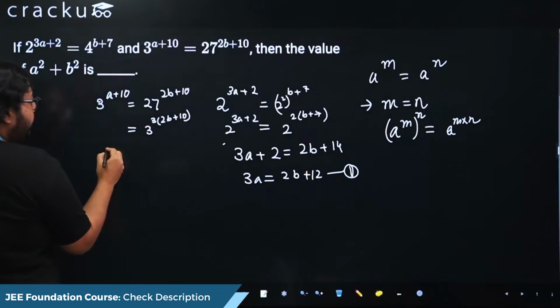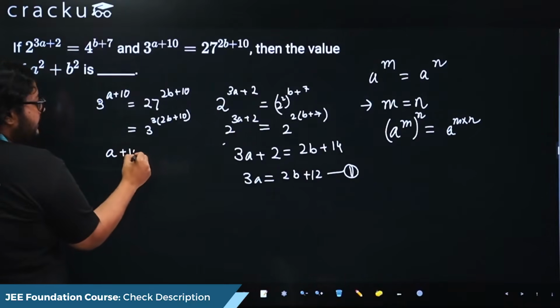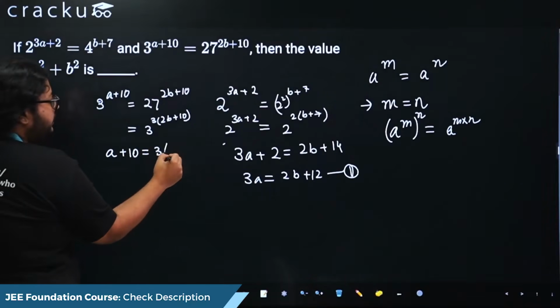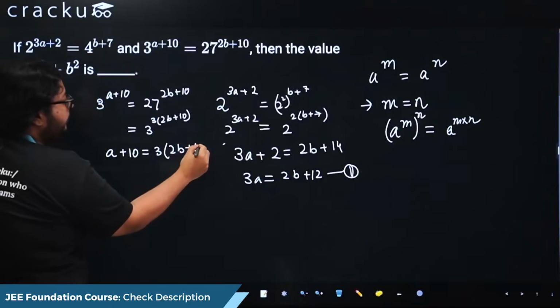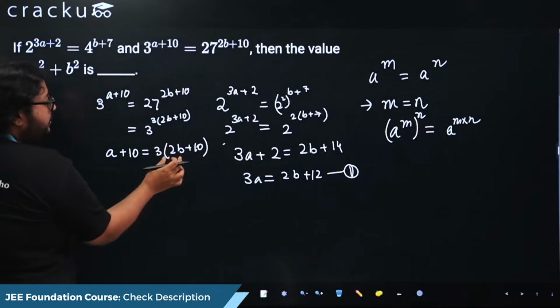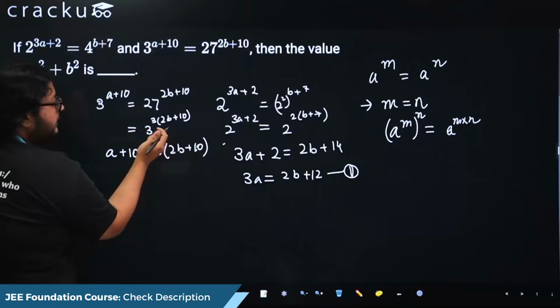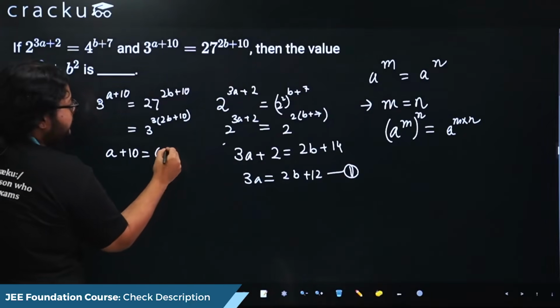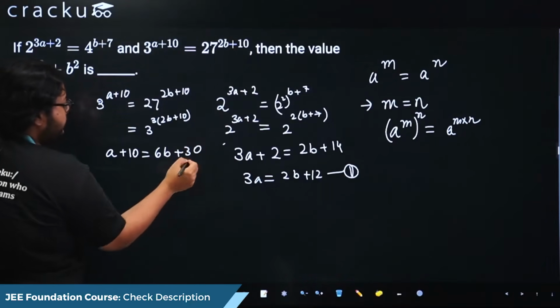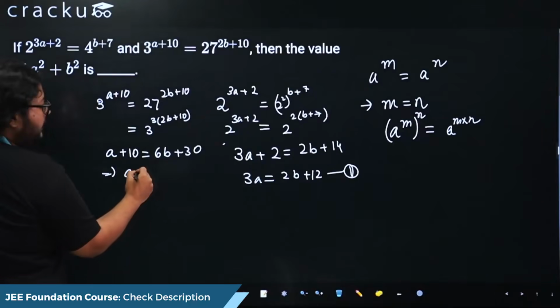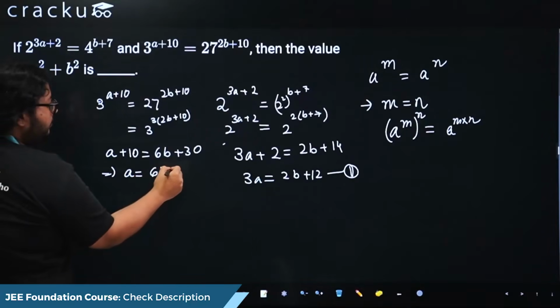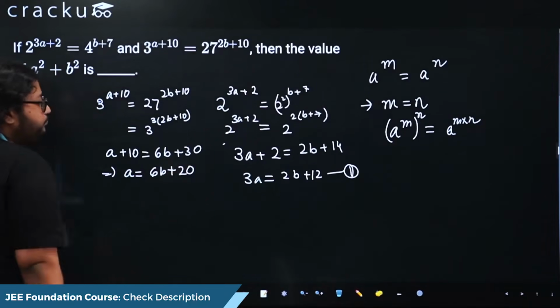So I can equate them and write a plus 10 is equal to 3 times 2b plus 10. If I break it, 3 2s are 6b and 10 3s are 30. So this is 6b plus 30. From here, a is equal to 6b plus 20.